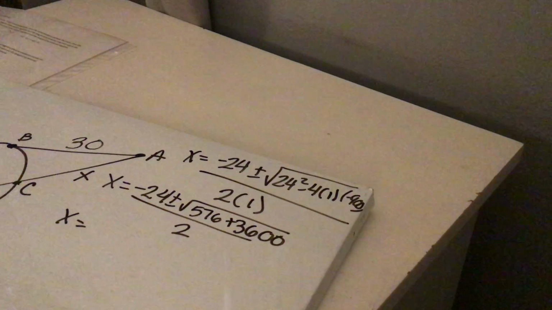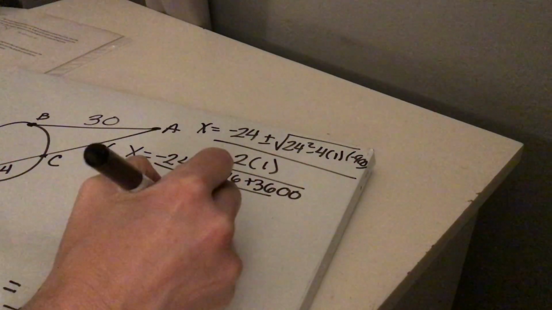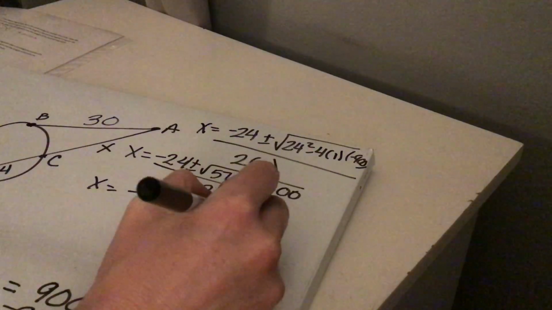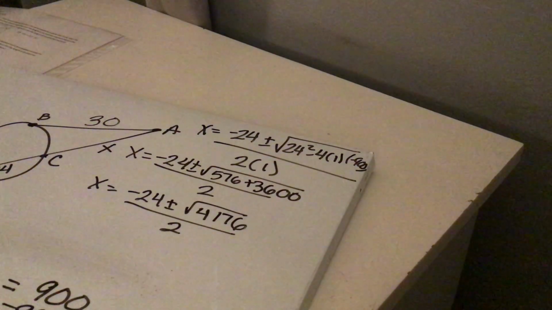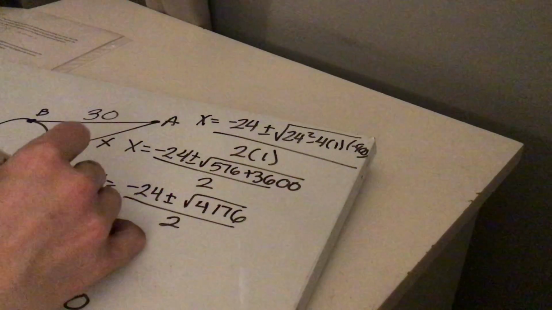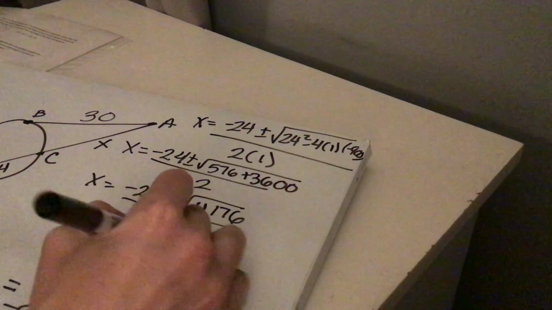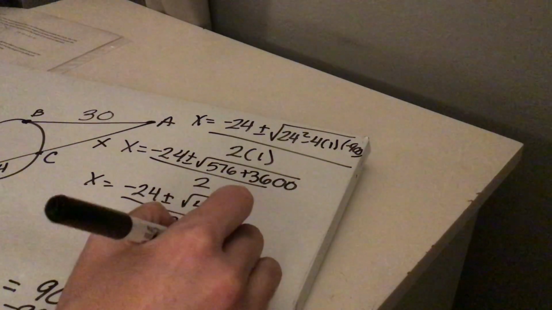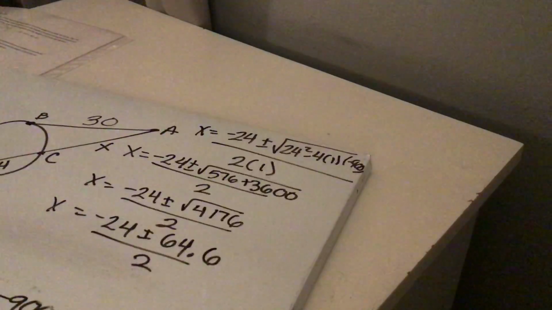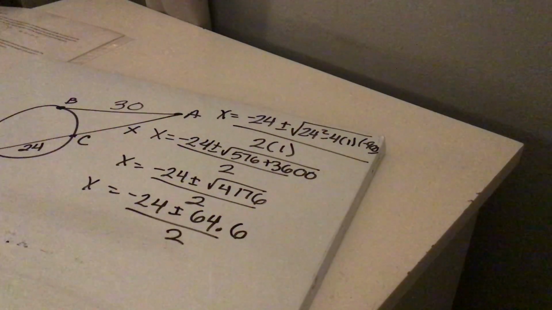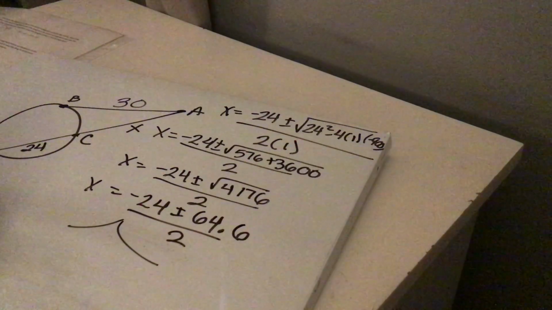Then we get negative 24 plus or minus the square root of 4,176 divided by 2. This is not a perfect square, so you get a decimal. So I'm going to round it to here. Okay, so 64.6. Then you have to remember to split it up so you could potentially get 2 answers.